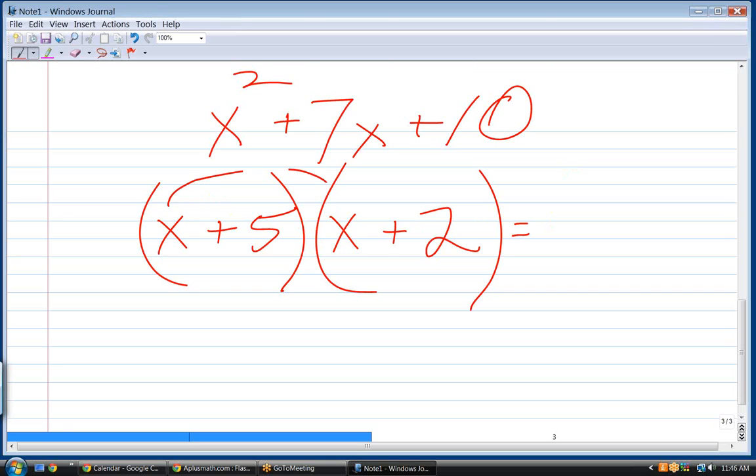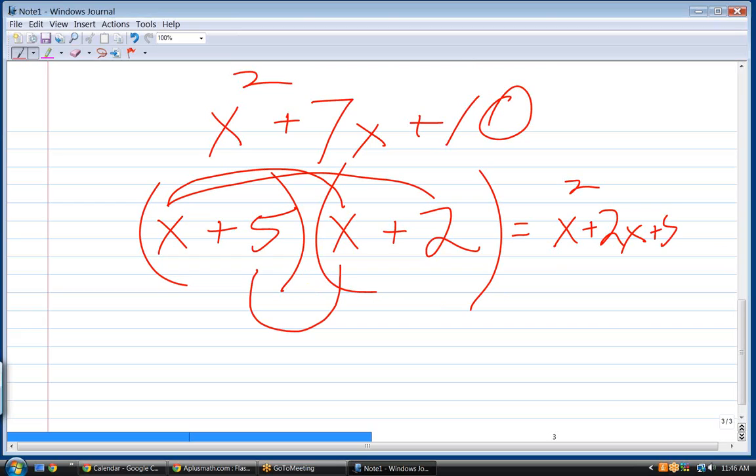First of all, you multiply those two terms. What's x times x? x squared. So just x squared. Next, you multiply that times that. What do you get? 2x. Next, multiply that times that. 5x. And finally, multiply the two numbers together. 10. Simplify that. 2.